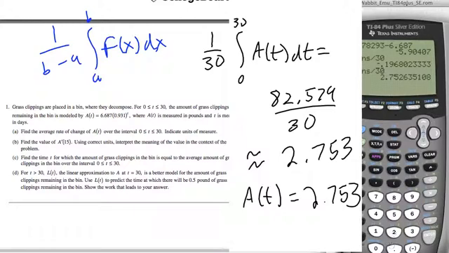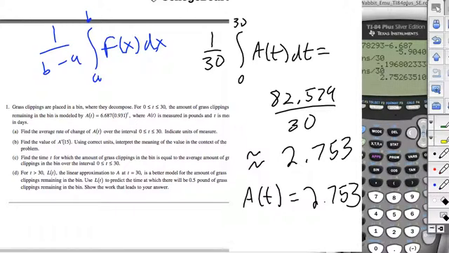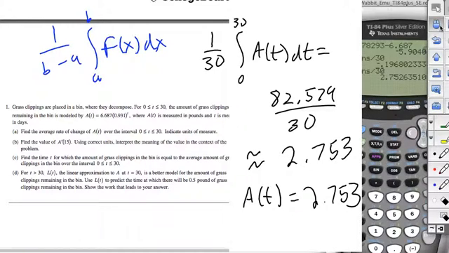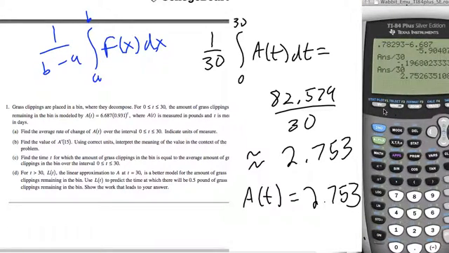What we want to do is go into our calculator, and the easiest way to solve this type of equation in a calculator is to go to the y equals menu, which I'm struggling to do. Go to the y equals menu, type in the value that you want to solve for as its own constant function. So 2.753.